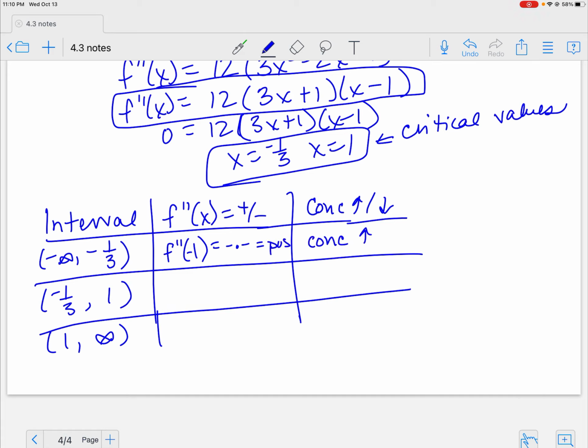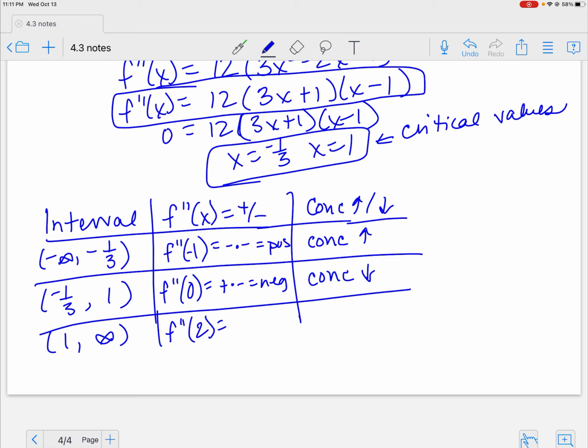That tells me concave up because it's positive. Let's go something nice and easy. How about a 0? If I plug in a 0, then I've got 1 times negative 1. So positive times a negative. That tells me concave down.